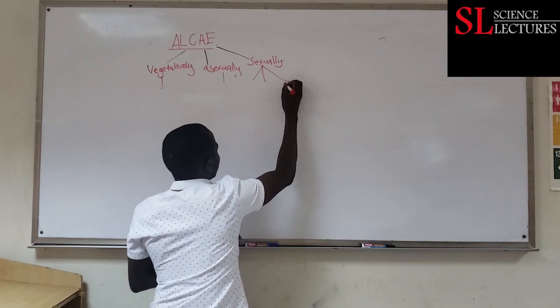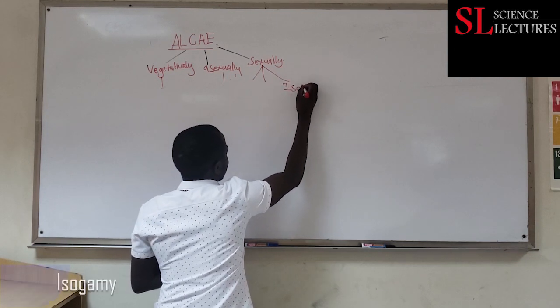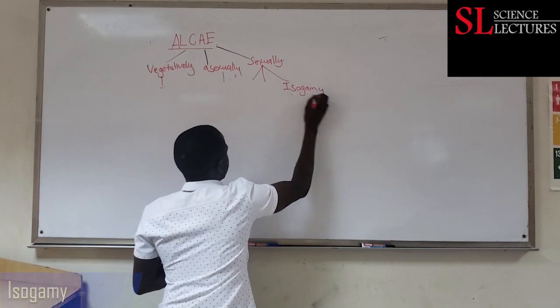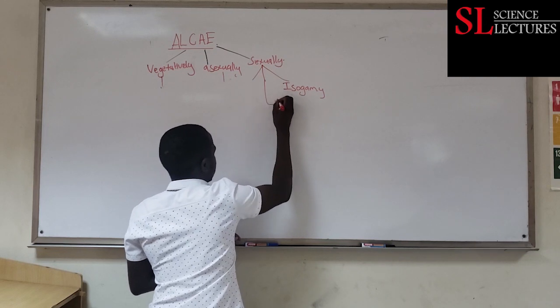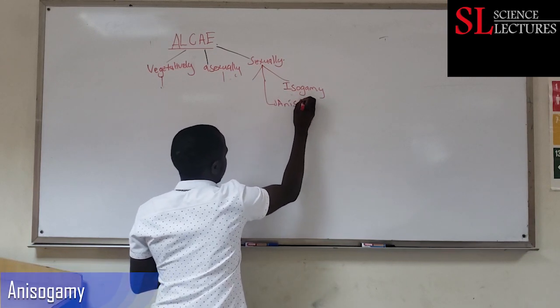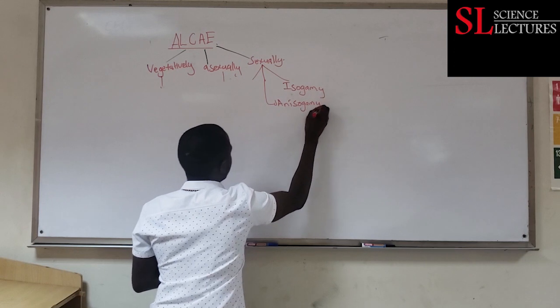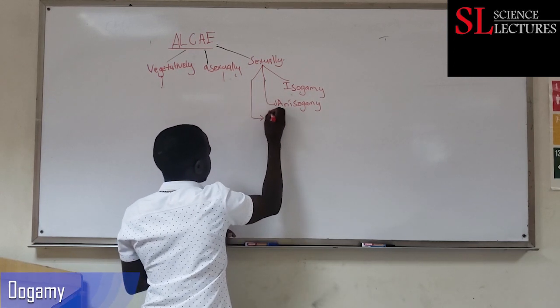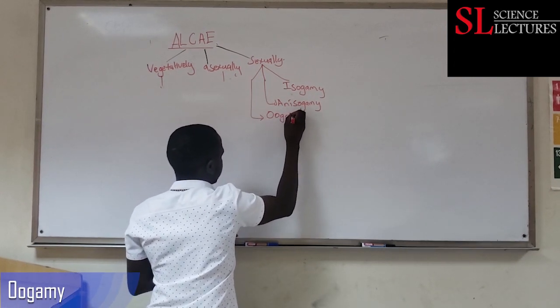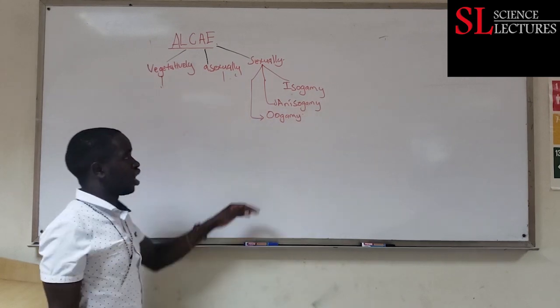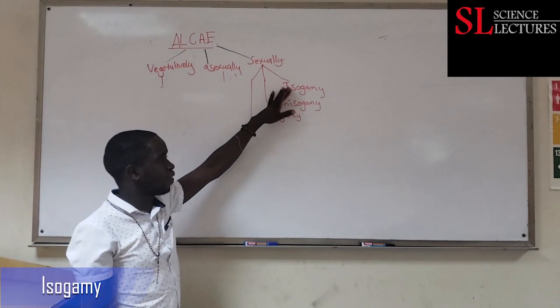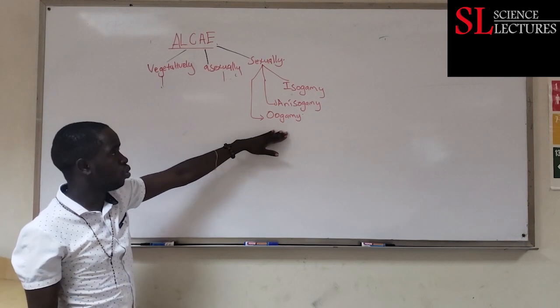Number 1, it is either by isogamy, anisogamy, or what they call oogamy. So algae reproduces sexually by isogamy, anisogamy, or oogamy.